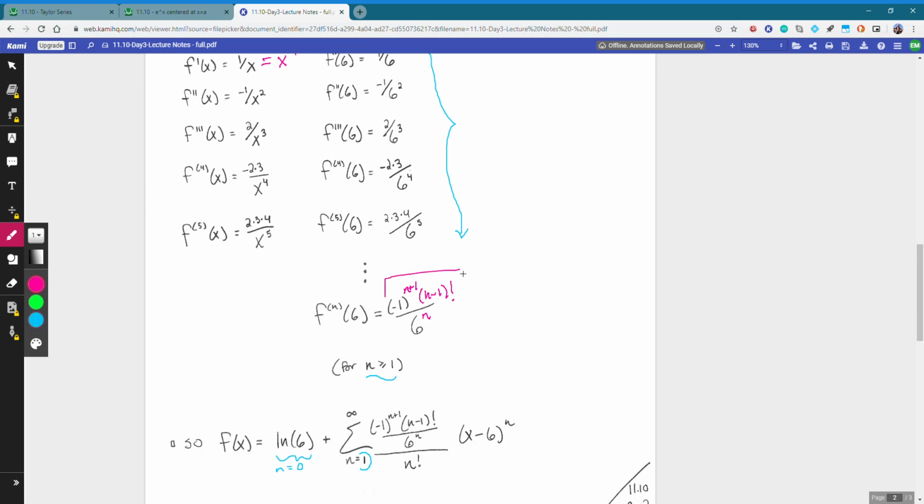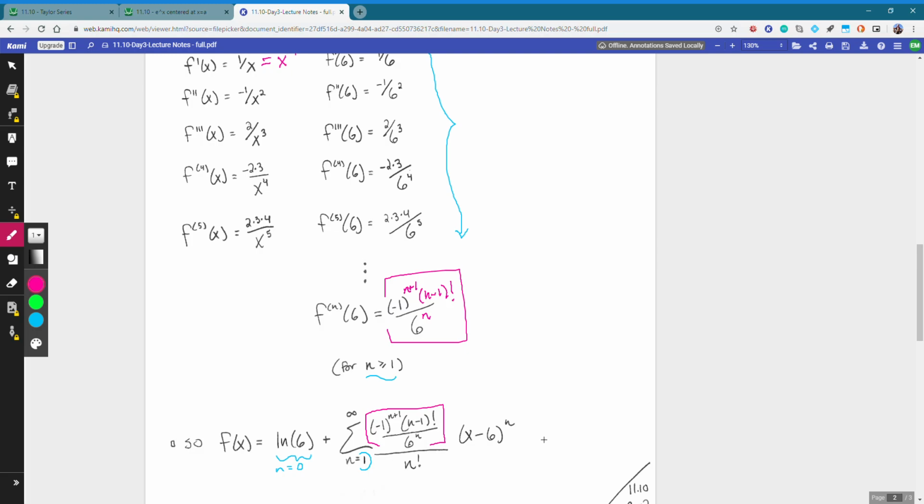And up top, we just have our formula that we found plopped in where it goes. Up in the numerator, take that, right? The Taylor series formula says to take that, divide it by n factorial, and then over on the side, we still have our (x minus 6) to the n. All right, and so with that, we have successfully computed the Taylor series for our function, natural log of x centered at 6.